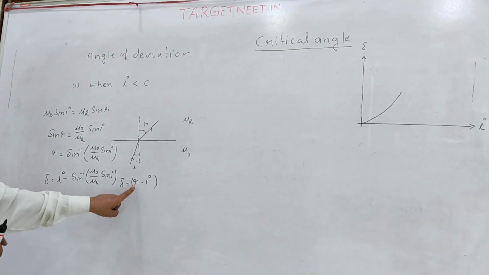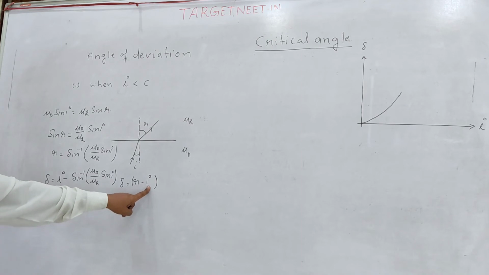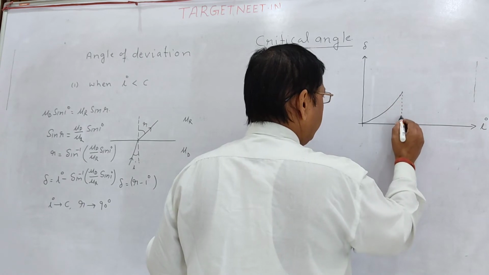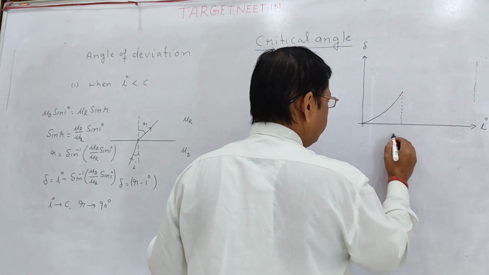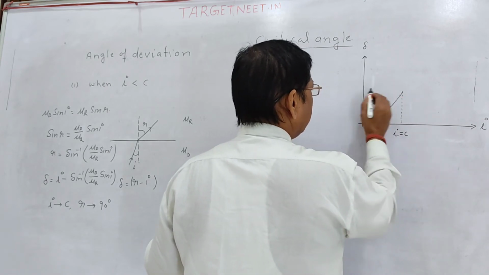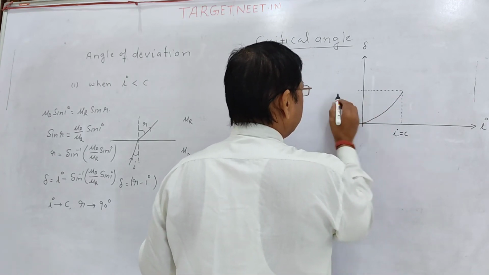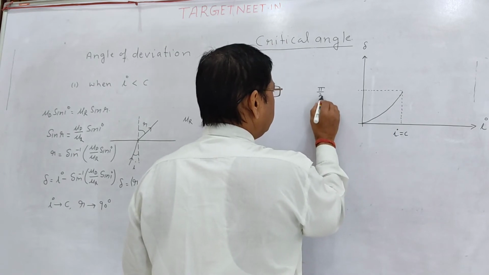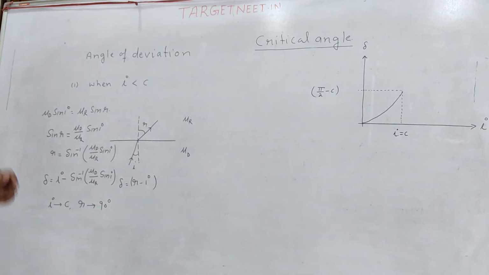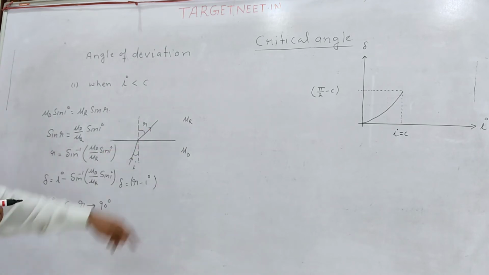If it is 90 and this is critical angle, so 90 minus C. So when i approaches C, deviation approaches this value 90 minus C. And when i is slightly greater than critical angle, then this light will come back in the same medium.